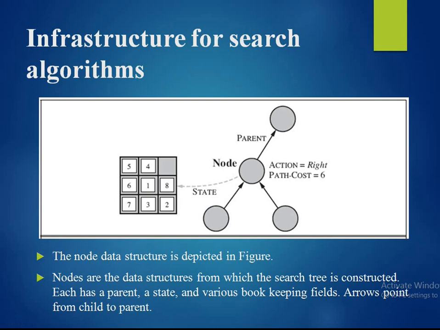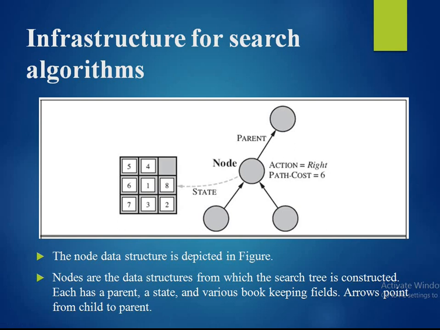The node data structure is depicted in this figure. Nodes are the data structure from which the search tree is constructed. Each has a parent, a state, and various bookkeeping fields. Arrows point from child to parent. So here these are the children and these are the parents. So from child to parent, these arrows are indicated.